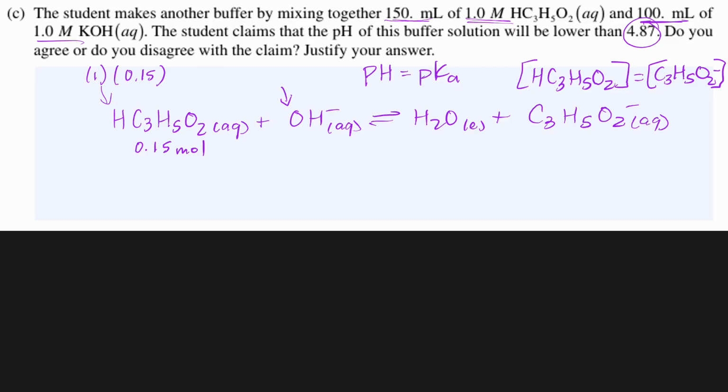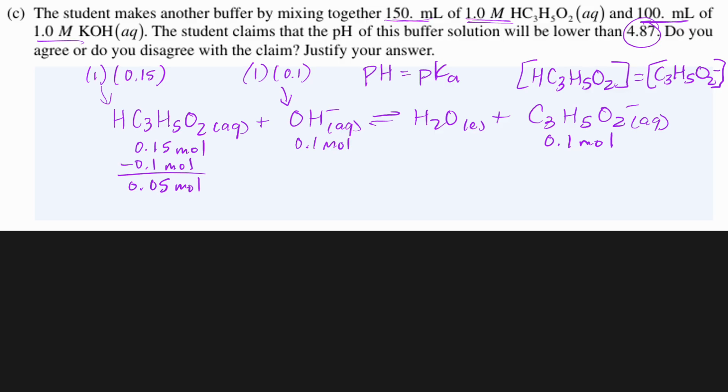So that's going to be 1 molar times 0.1 liters. So it's going to be 0.1 moles of hydroxide. So because hydroxide is limiting, we are only going to be using 0.1 moles to make our conjugate base, and that's going to be a 1-to-1 ratio. So we're going to make 0.1 moles of our conjugate base.